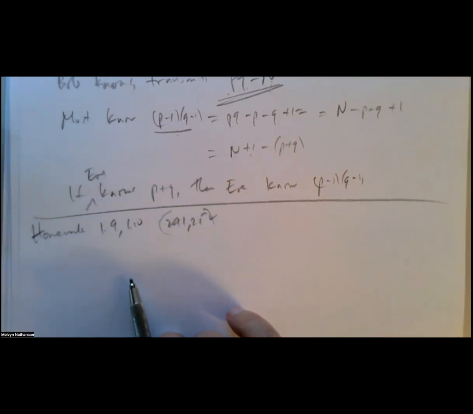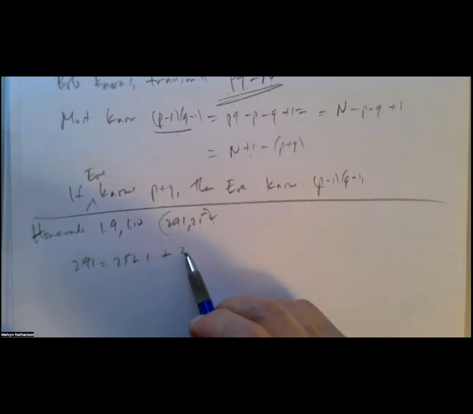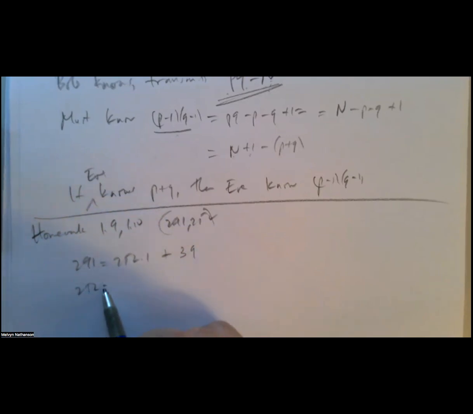To find the greatest common divisor, 291 is 252 times 1, and it leaves a remainder of 39. 252 is 39 times 6, with a remainder of 18.